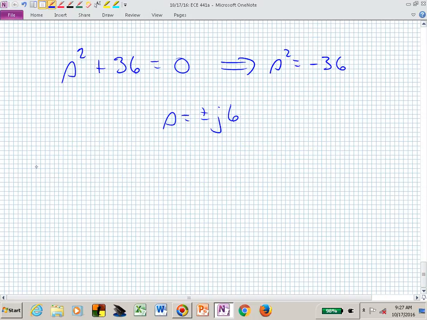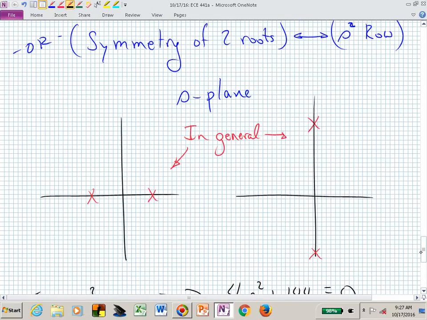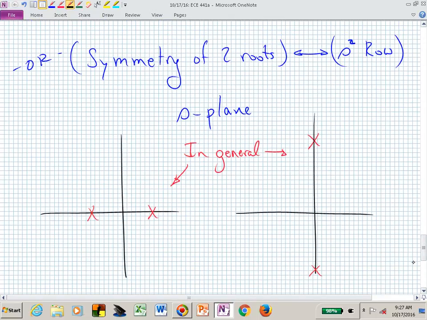Let's look at another example. Question? So now the question was, is this system, if that was a denominator polynomial, is this system that we just worked on considered stable or unstable?